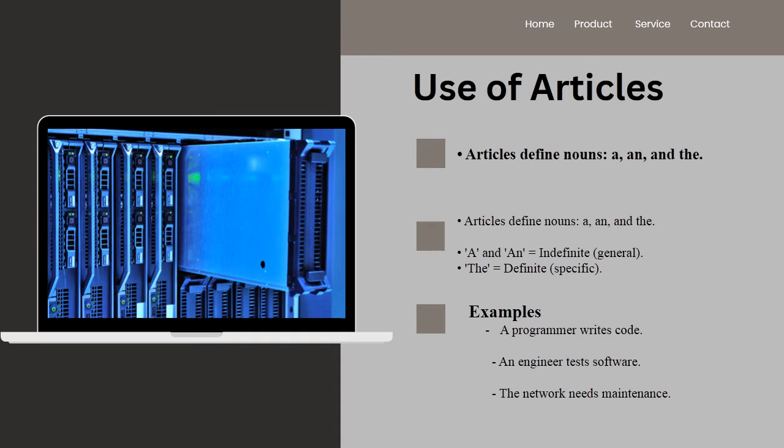I repeat, a before nouns that start with a consonant sound and an before nouns that start with a vowel sound, okay? When we refer to something specific or already known, we use the, as in the network needs maintenance. Using the right article ensures clarity and accuracy in ICT writing.